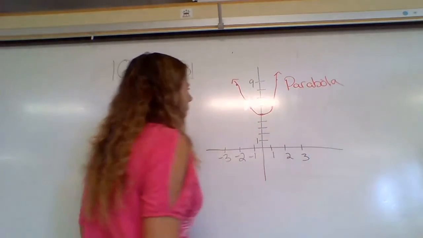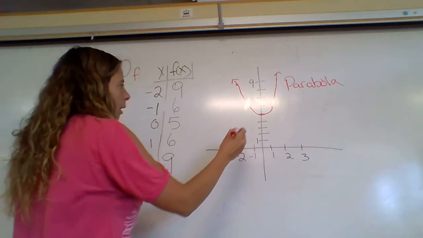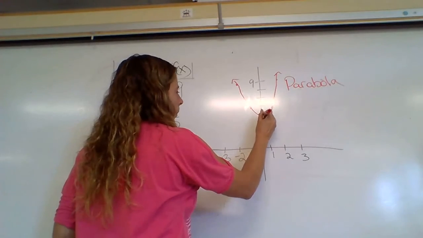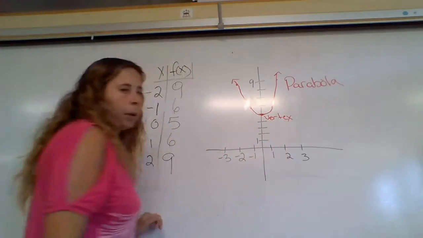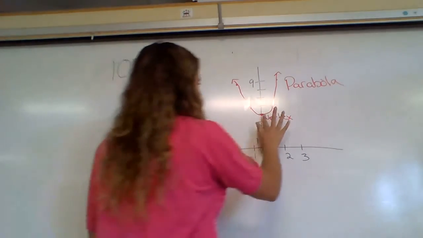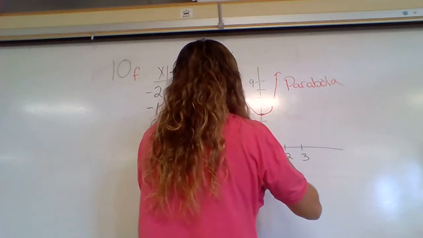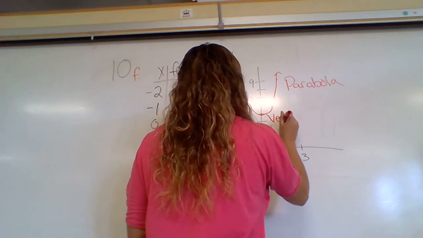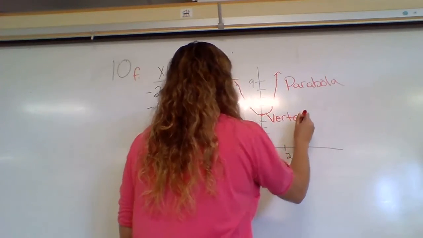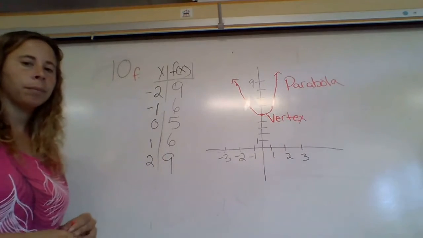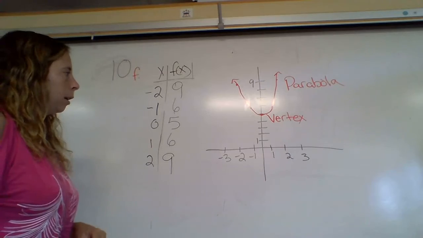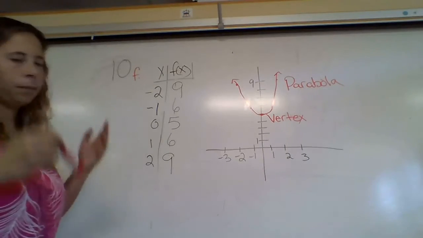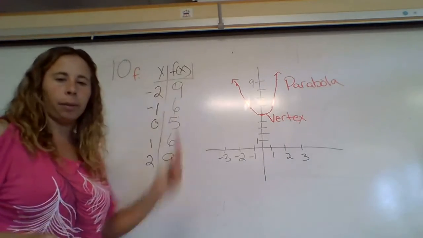It looks like a U. This is called the vertex. That's just good vocabulary to know. I'm sure I'll say that again tomorrow. But that's it. And then you would write your explicit equation above the graph.